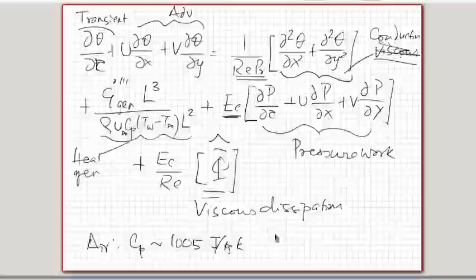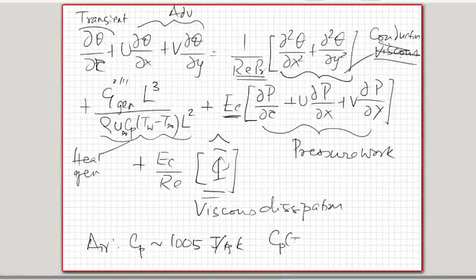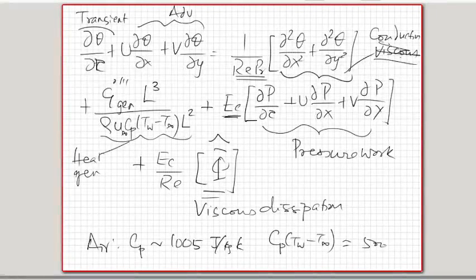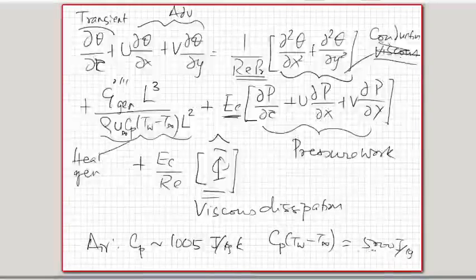So if I'm looking at Cp into T wall minus T infinity, even if it's a 5 degrees Celsius difference, it will be about 5000 joules per kg. That is the thing that we are looking at.